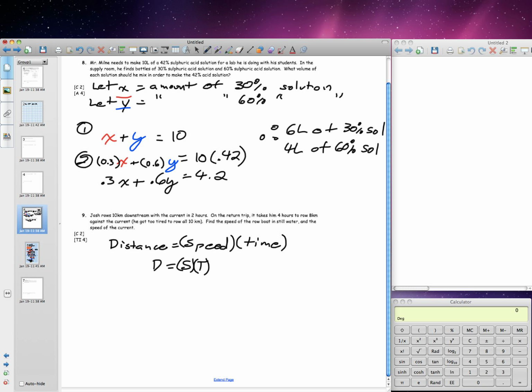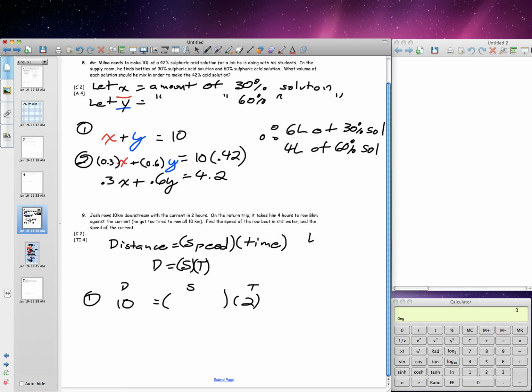Josh rows 10 kilometers downstream in 2 hours. So the very first equation: he goes 10 kilometers, that's his distance, then speed and time. The time it takes him is 2 hours. His speed is the speed of the boat plus the speed of the stream.